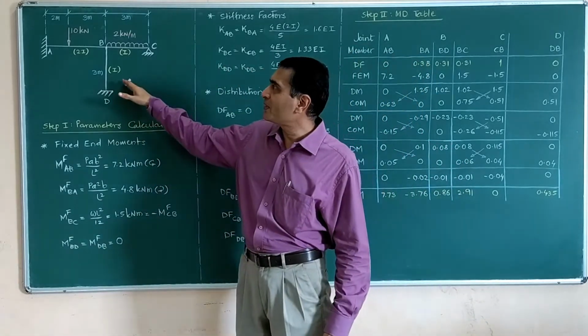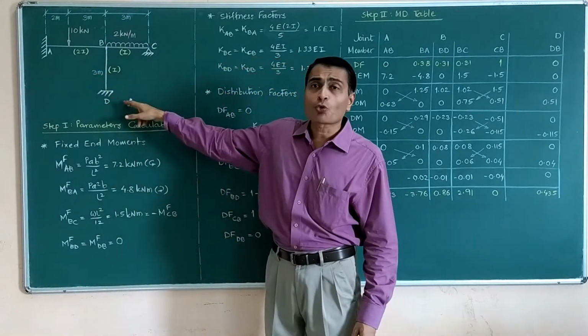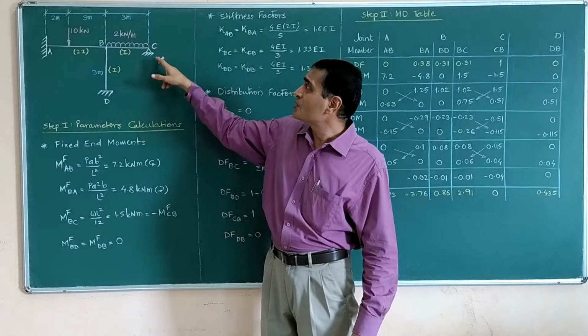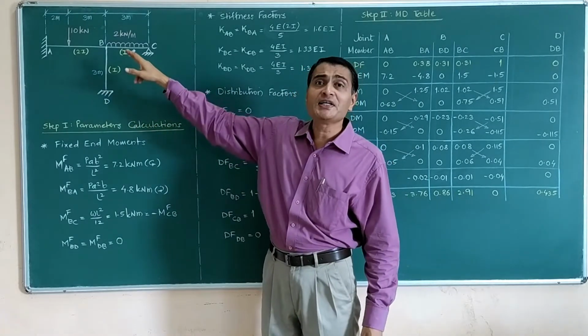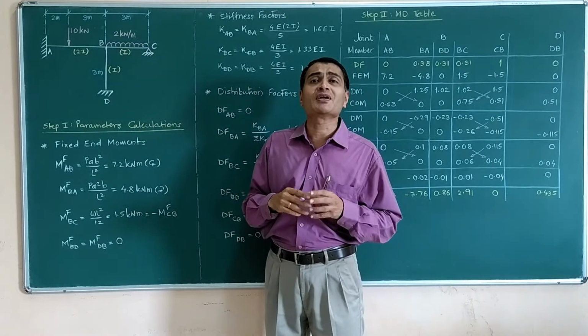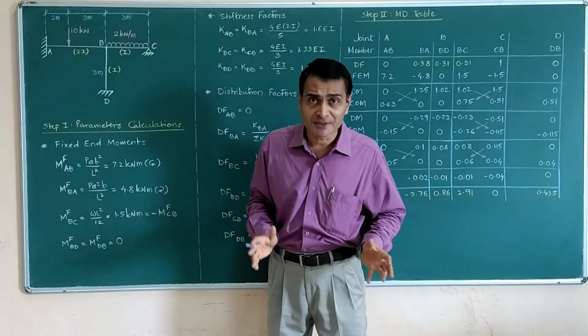We have a frame ABCD. Support A is fixed, support D is fixed, support C is a hinge joint, and joint B is a rigid joint between BA, BC and BD.